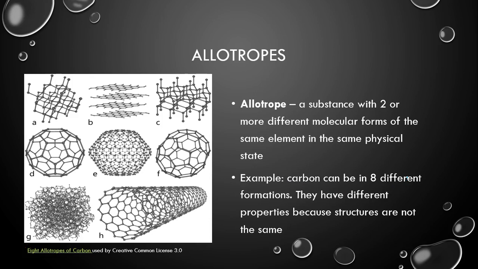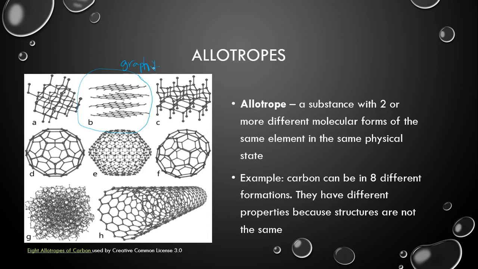Alright, now let's talk about allotropes. Pause and copy this down, and then you can resume the video when you're ready. An allotrope is simply a substance with two or more different molecular forms. We have already talked about this with network solids a little bit when we talked about the different types of carbon. Right here is one of the allotropes of carbon that we talked about. This looks like graphite.